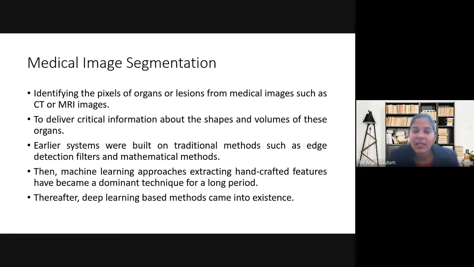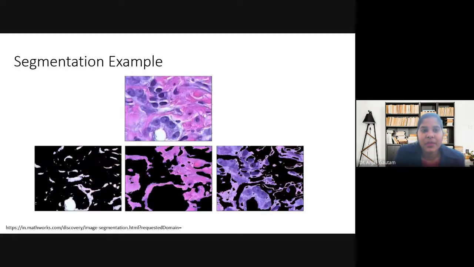Thereafter there come the deep learning methods, and we know that everyone has now started using deep learning in medical imaging as well. Look at this example here. This image shows a segmentation example, where the image is segmented into three different regions based on color intensity values.